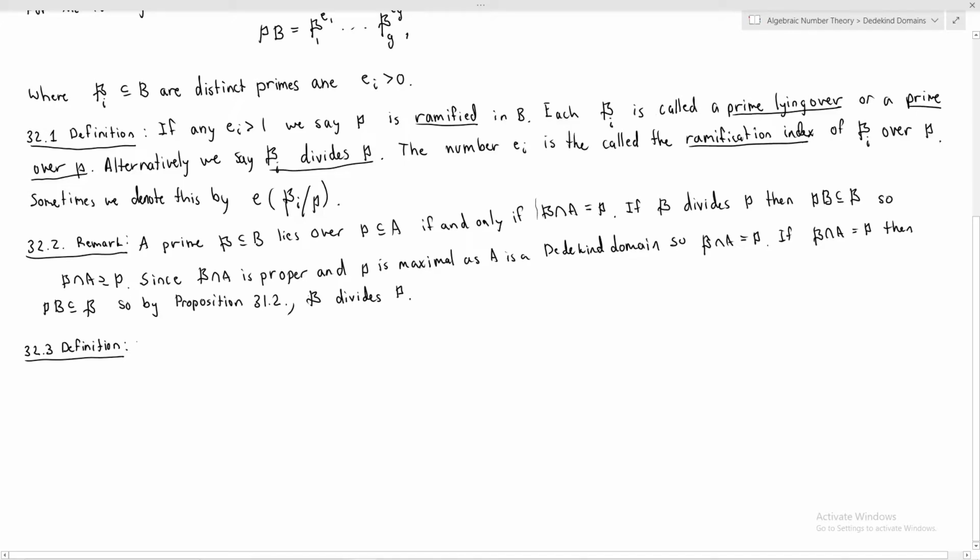So we're going to define the residue class degree of, say, big P over little p, so it's denoted F instead of E. The residue class degree of big P over little p is the degree of the following field extension.